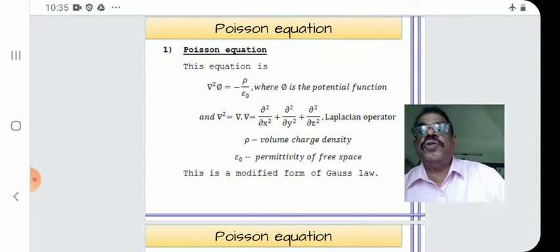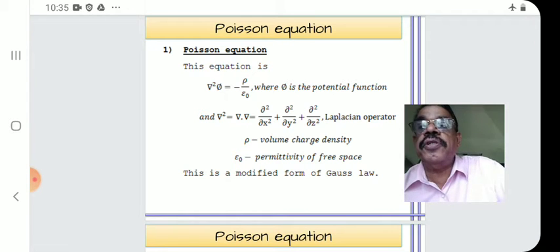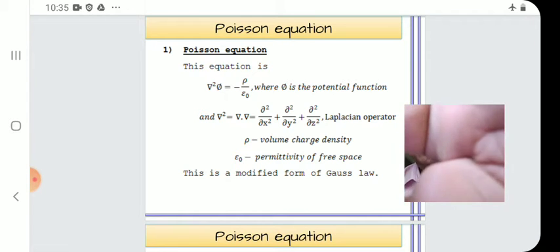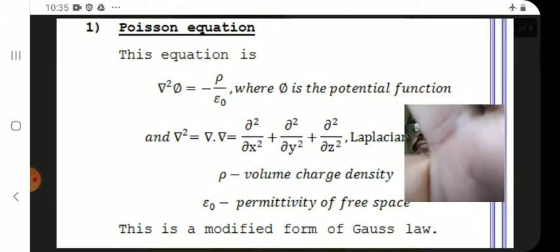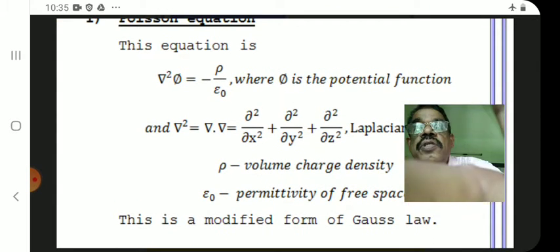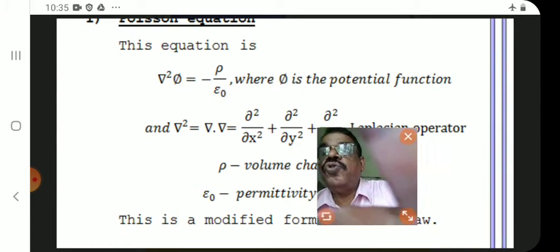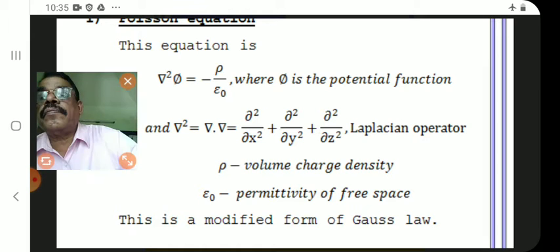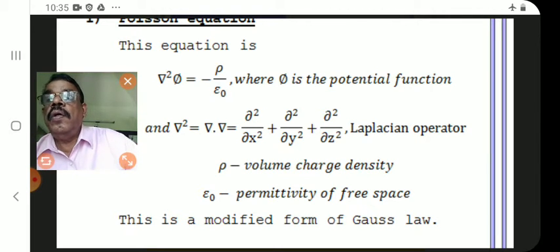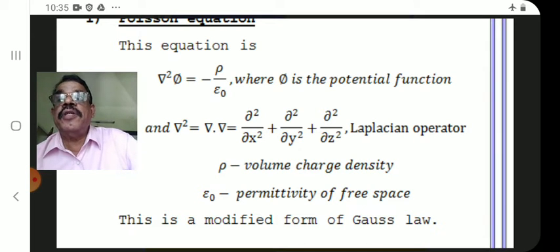What is the Poisson equation? You know the spelling. The Poisson equation is del square phi is equal to minus rho by epsilon 0, not the psi.